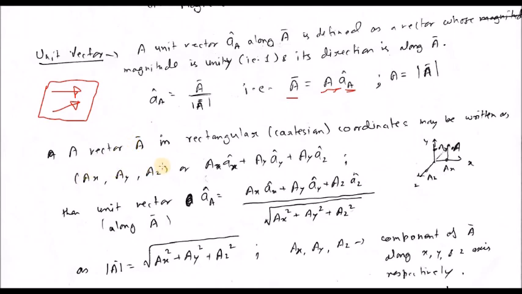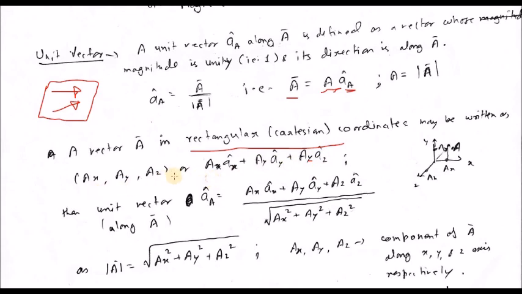Now a vector A in a rectangular coordinate system. I have written here rectangular coordinate system because you have to read other coordinate systems also. So I am currently talking about the rectangular coordinate system here only. So a vector A in the rectangular coordinate system may be written as Ax, Ay, Az, or Ax times unit vector ax plus Ay times unit vector ay plus Az times unit vector az.